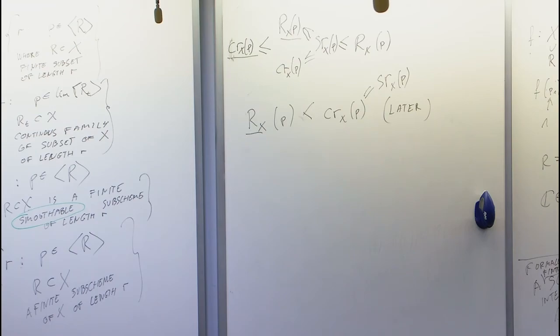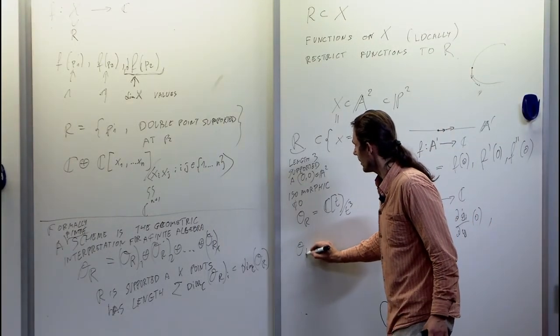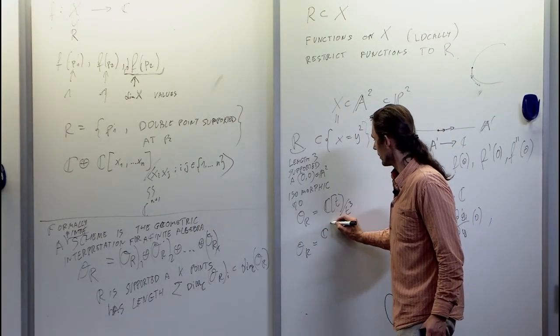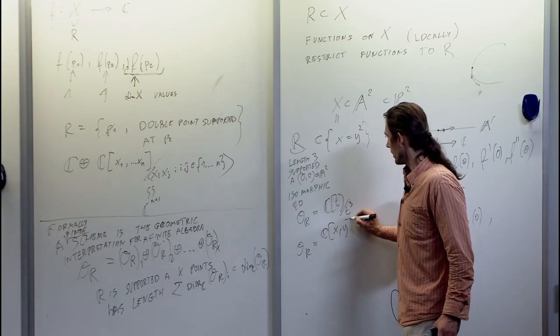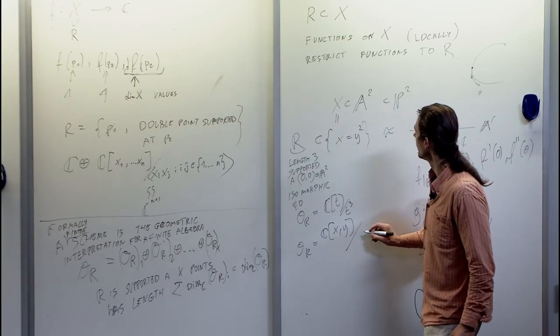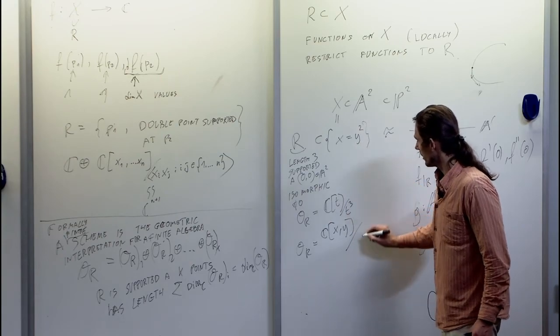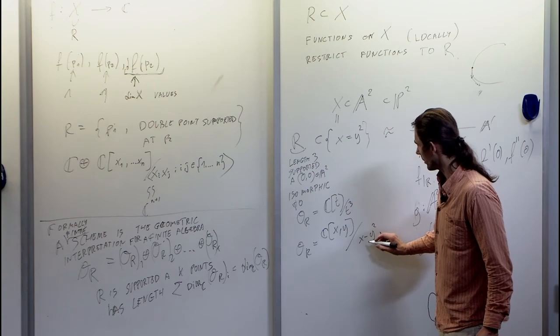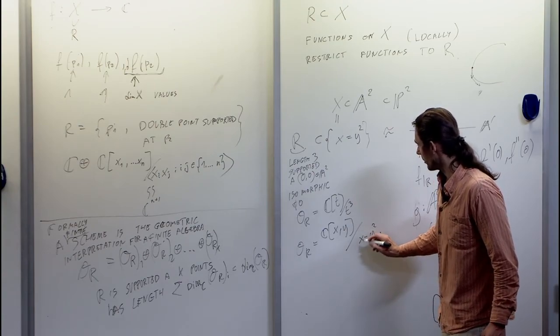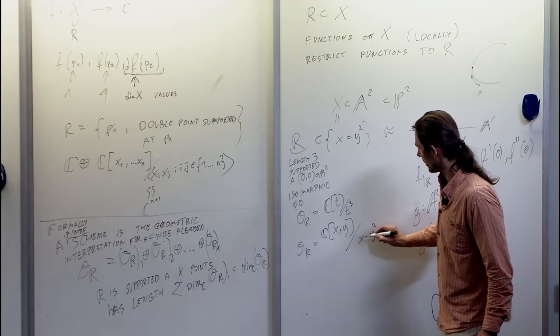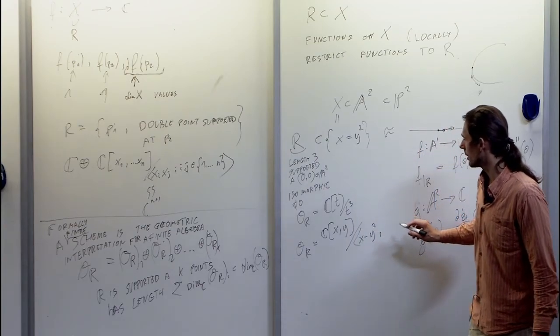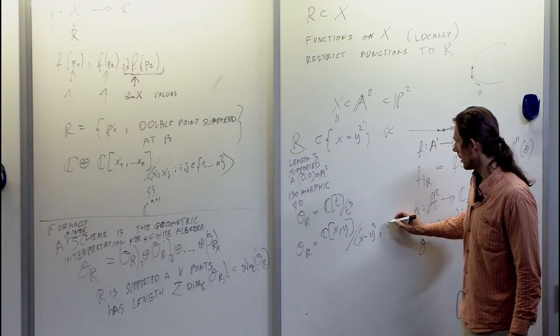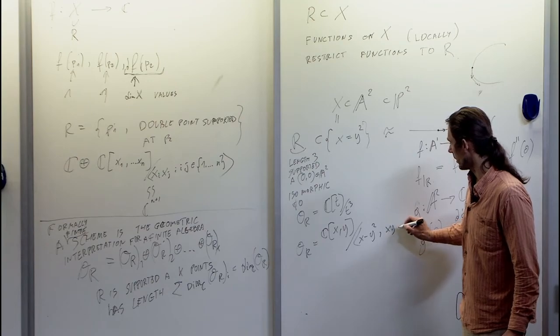So this O of R is also isomorphic to C[x, y] divided by, well, the equation of the parabola, and I should also have the equations that guarantee that the cube is in the ideal, which is (x, y) squared.